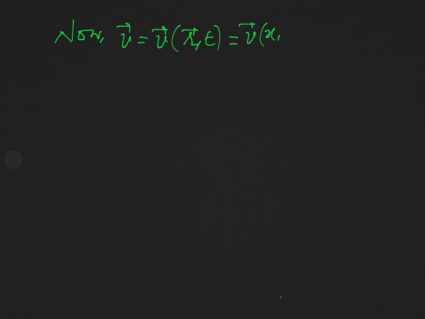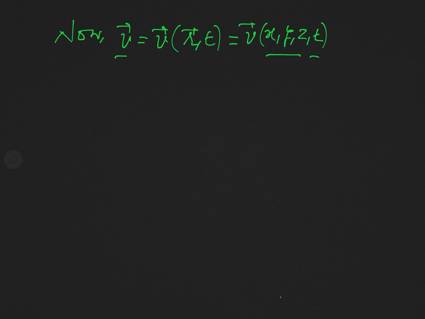So you can say this velocity V is actually equal to V of R and T, and equivalently we can say this is V of X, Y, Z, T. Here I have just considered that the velocity V is both space and time dependent.